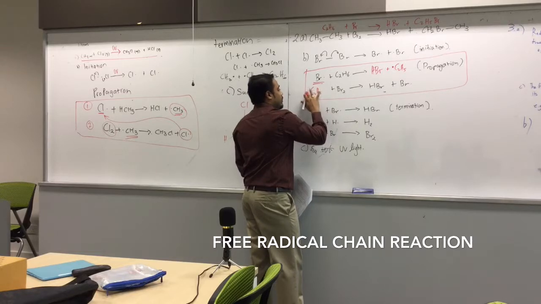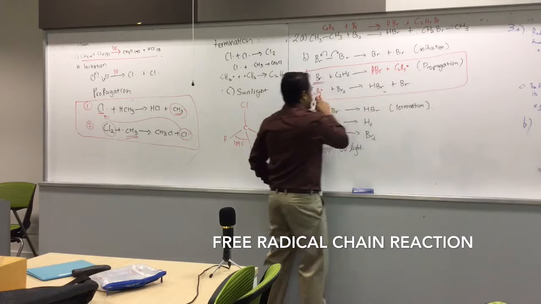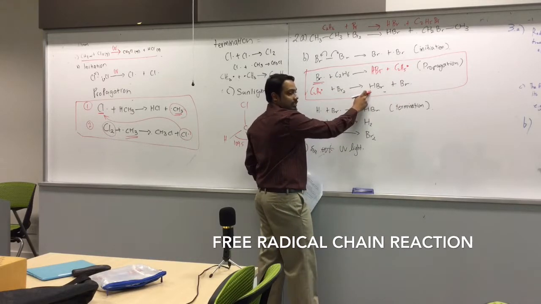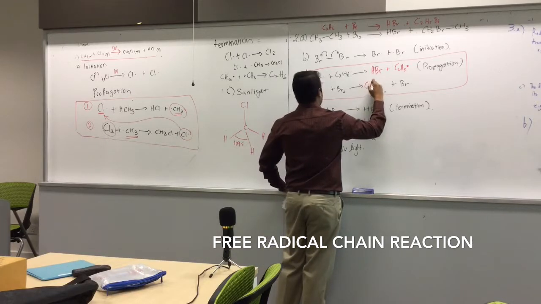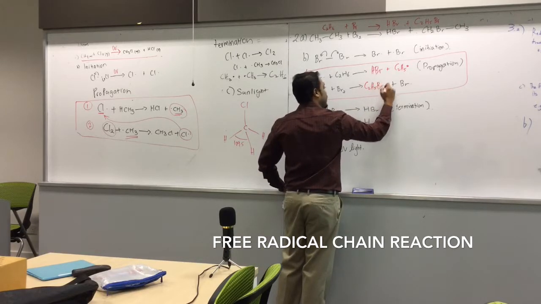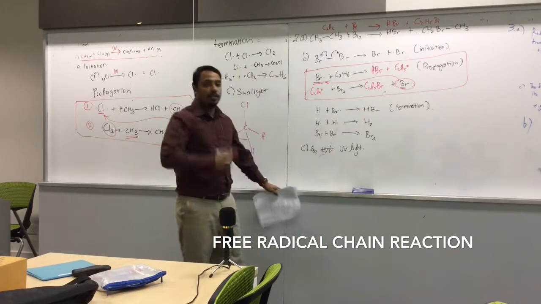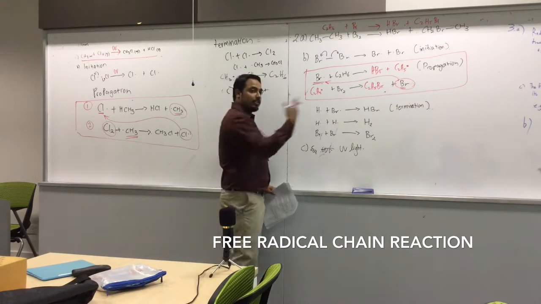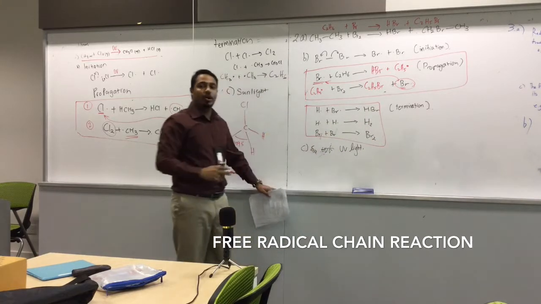I can put it here as well. Okay, so this attacks this, that gives us not HBr, it gives us C2H5Br and a Br radical that starts back the reaction. That's a correct propagation.